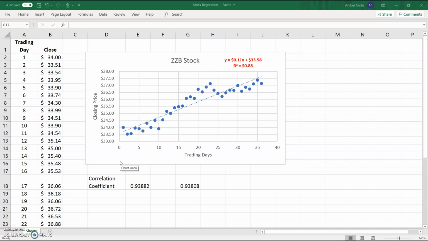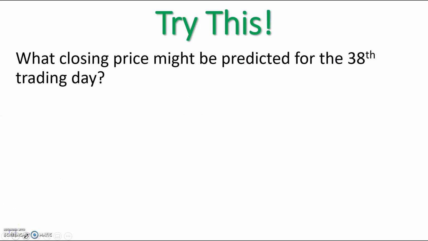The stock is increasing at about 11 cents per day, and it seems to be following that path, at least for the last 36 days. And that's pretty much it for example 1. Now it's your turn to give it a try. What closing price might be predicted for the 38th trading day? Please show your calculation and submit it.